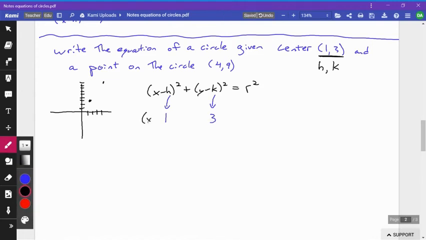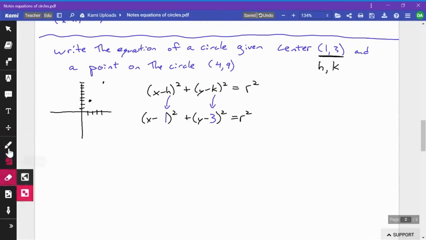So that gives me x minus 1 squared plus y minus 3 squared equals r squared. So I know that's going to be part of my final answer, this part of the equation right here, but what I want to do is figure out r squared.